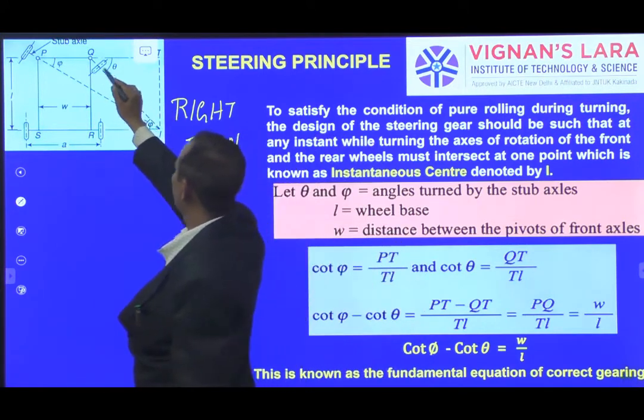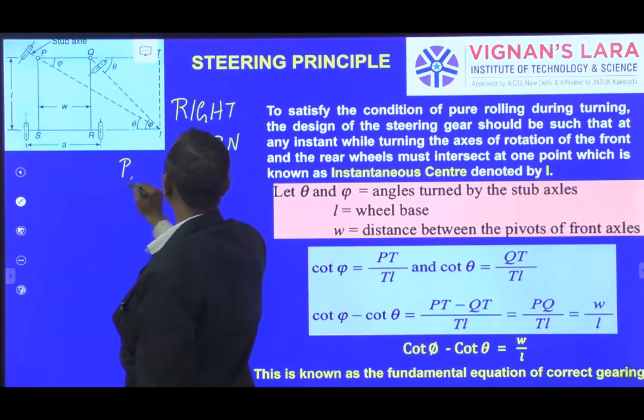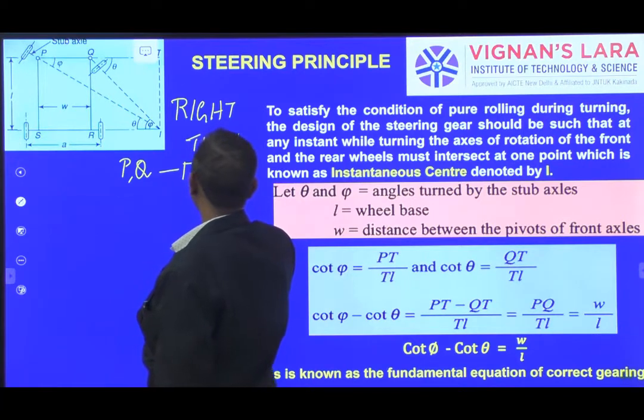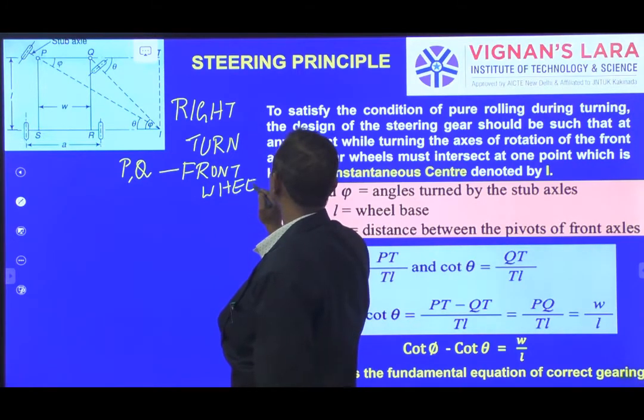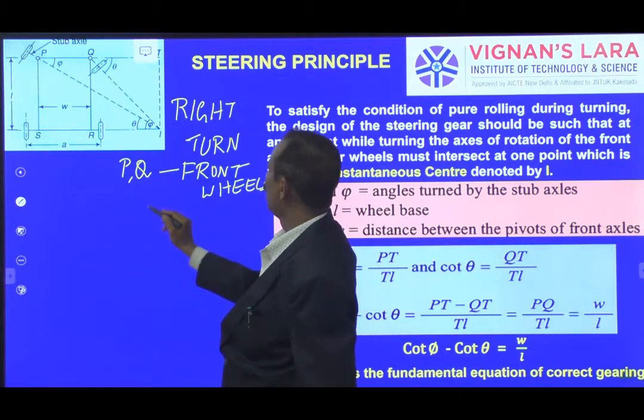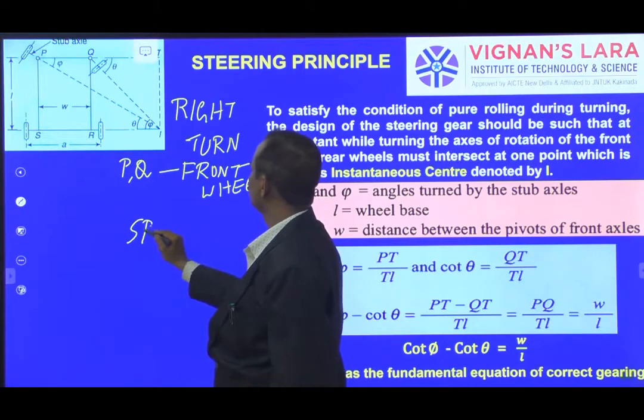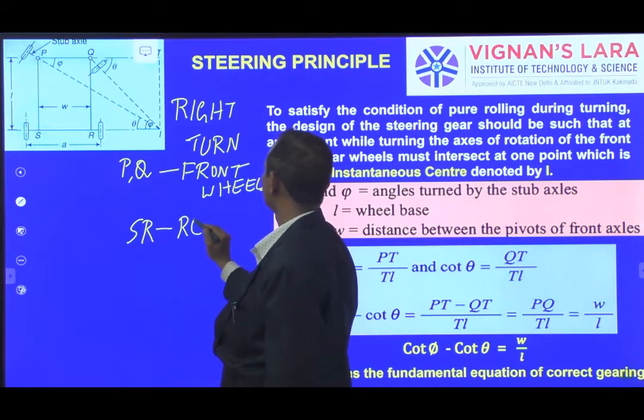These are the two front wheels, P and Q, and S and R are the rear wheels.